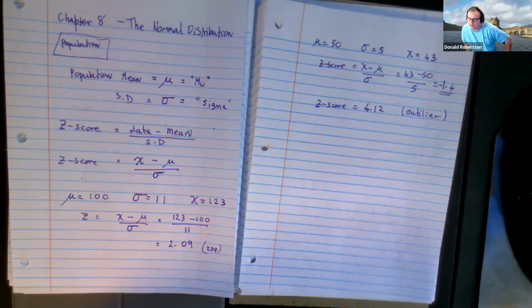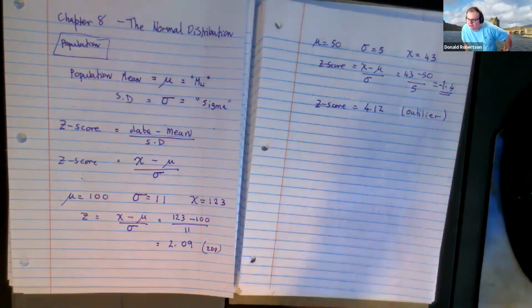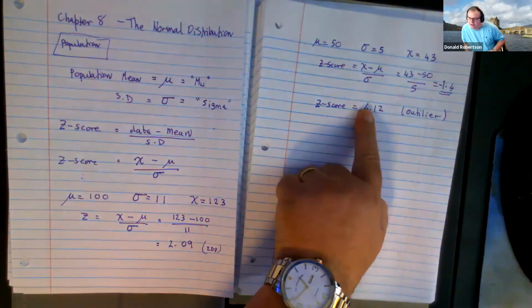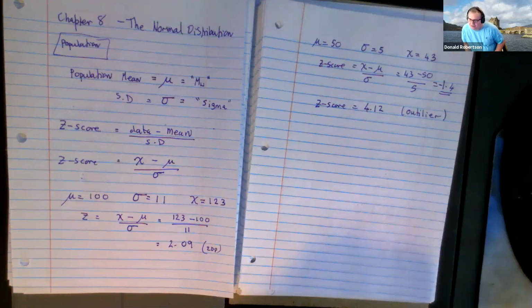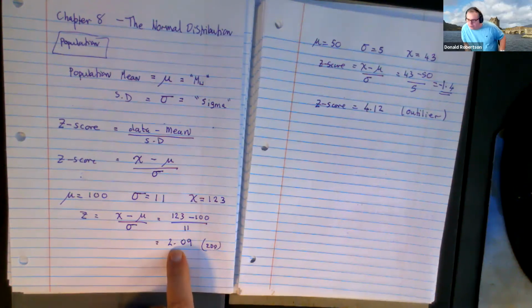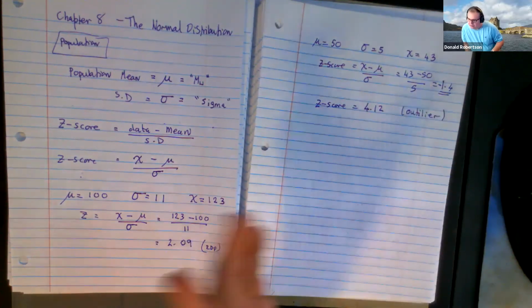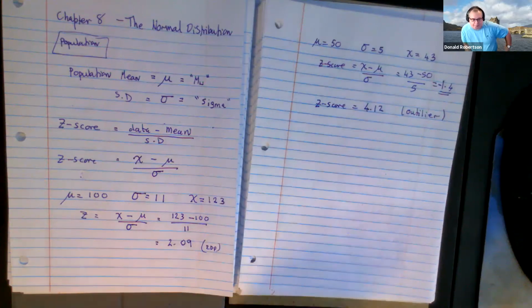Remember, we said it more like English: plus or minus 3 standard deviations away from the mean is an outlier. The Z-scores are just telling you exactly how many standard deviations away from the mean you are. So this one is a little bit over 2 standard deviations away from the mean. And this one would be about 1.4 standard deviations less than the mean, so going to the left, the smaller side.